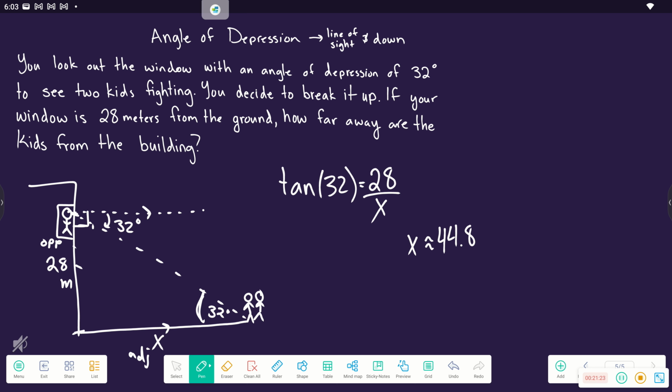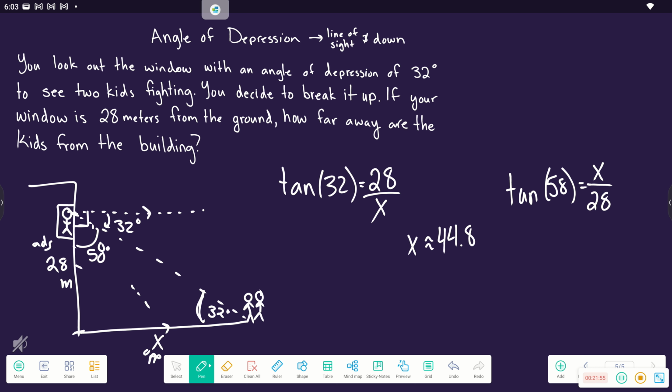Now we could set the same thing up, say instead we use the 58 degrees. Again, if I'm using 58 degrees, x is now my opposite, and 28 is now my adjacent. So I'm still doing a tangent function, but this time of 58, and my fraction is now x over 28.